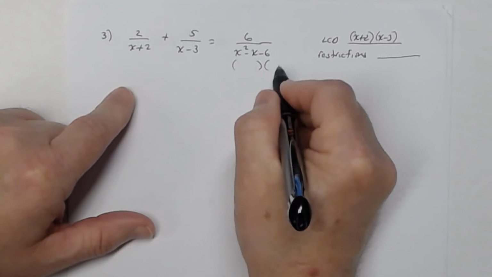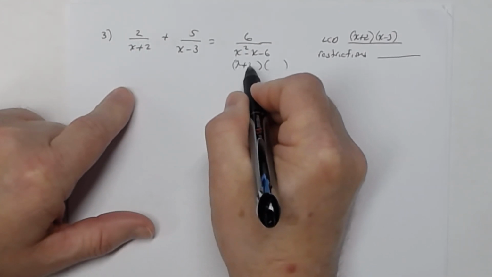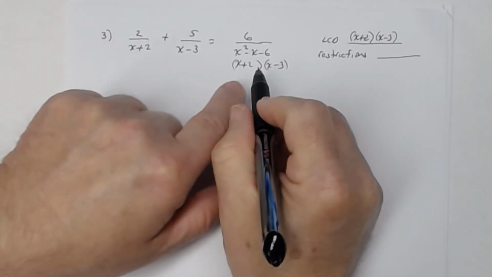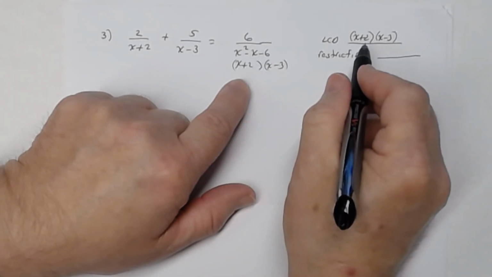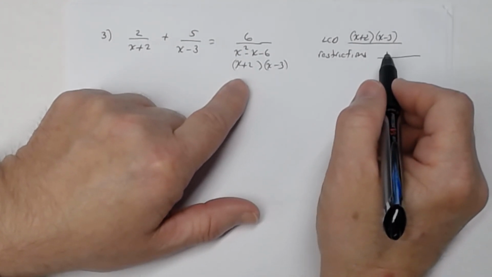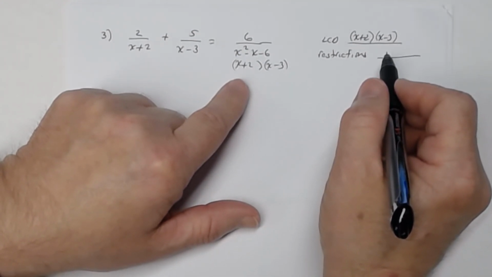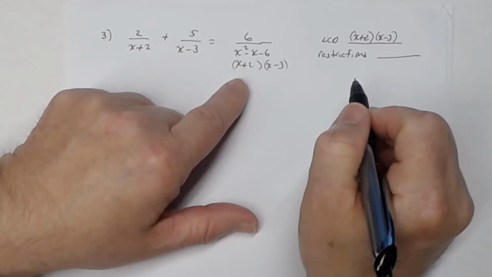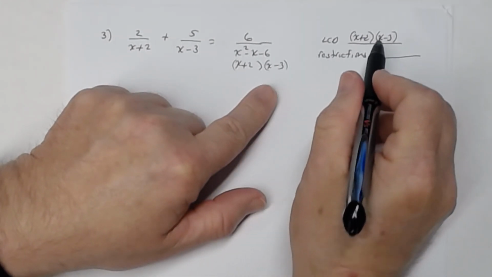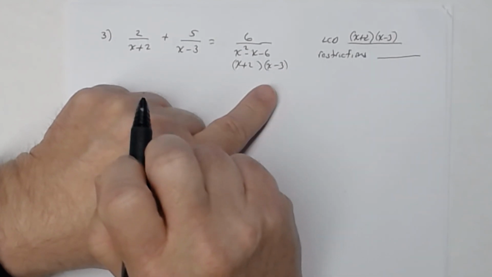So when you factor this, you actually get x plus 2 times x minus 3. So that's how this can be factored. And then notice that x plus 2 is already included. Don't list it again, because that's no longer the least. It's a common denominator, but it's not the least. You want the least to make things easier on yourself. And then x minus 3 is already listed. So there's your least common denominator.